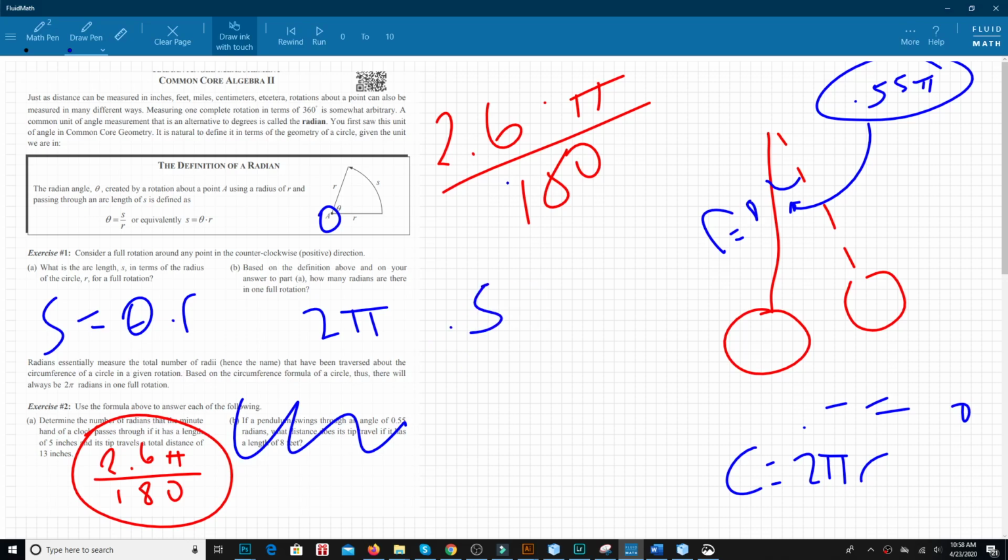It's 0.55 radians, so it's 0.55 pi. You still have to convert that back, which is what we did initially. Yeah, you would have to convert that back.